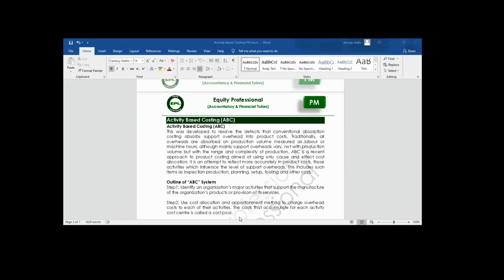In accounting for overhead, we have the traditional absorption method, or the traditional absorption volume method. Under this method, overhead is absorbed using a single factor.